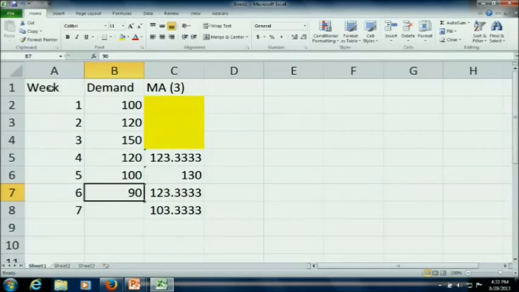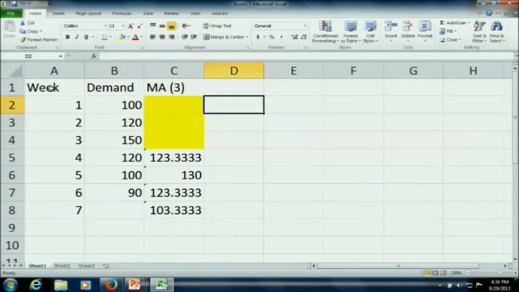If we were at the end of week 6 and I said, what do you think week 7, how much are you going to sell? And if I said the model was moving average 3, you would say 103 units. Or 103.3 units, okay? Make sense to everybody.